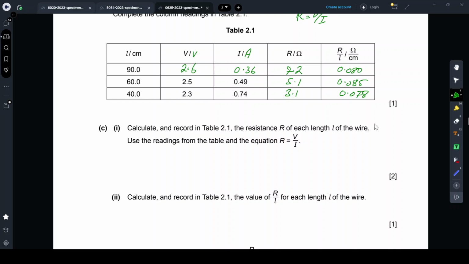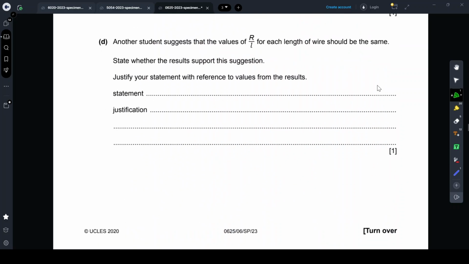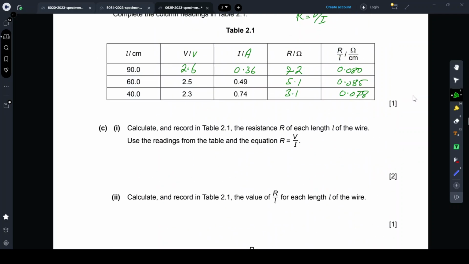Yeah, you are. And so the statement is that the results support the suggestion. Now, you need to justify this. Why? Because it's 0.08, 0.085, 0.07. So how are you going to justify this?